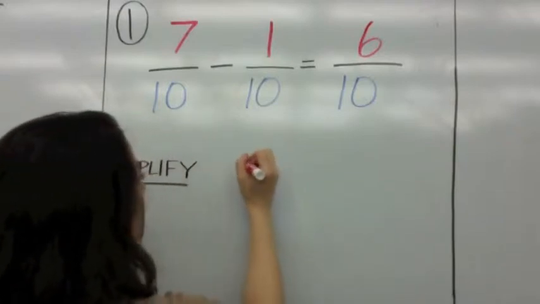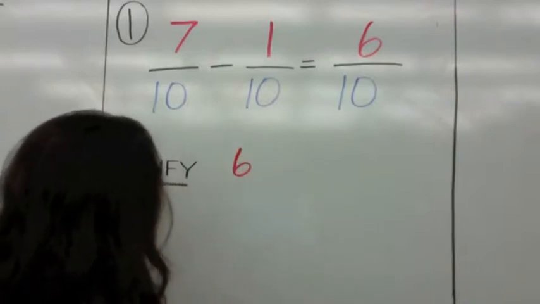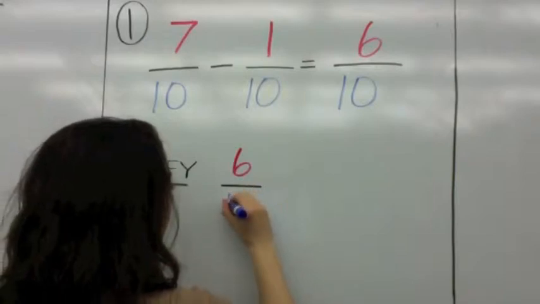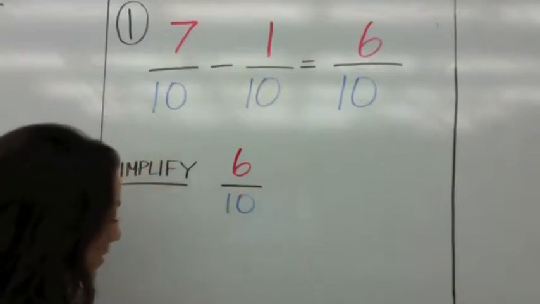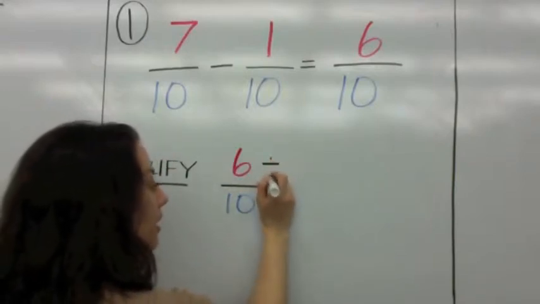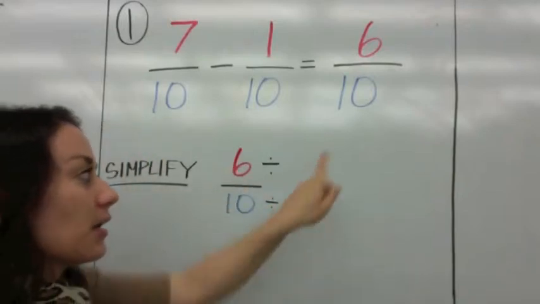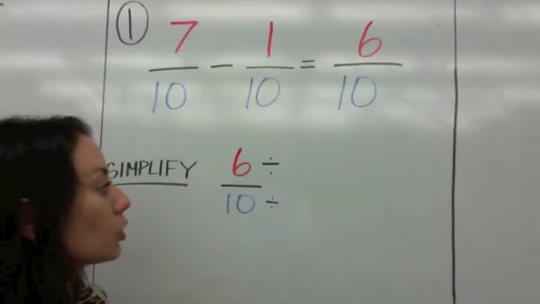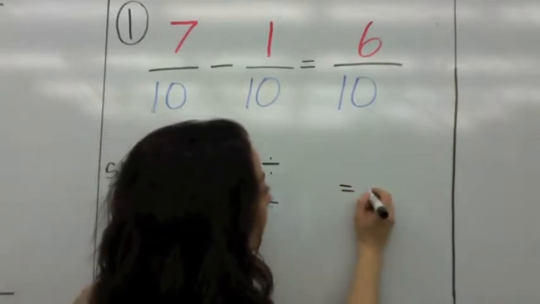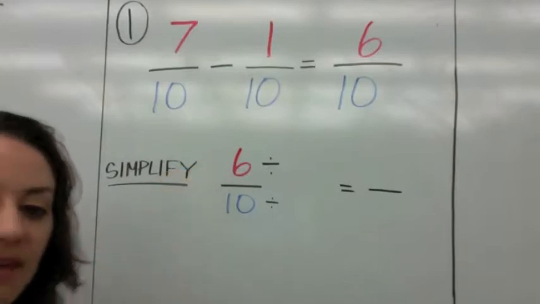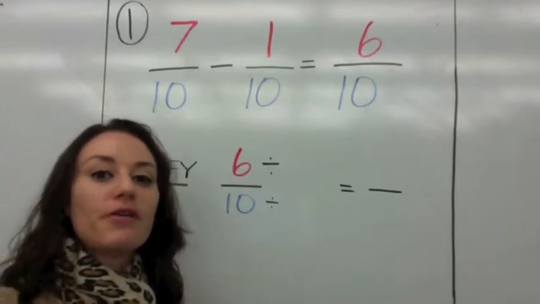So if you have 6/10, this will be really easy. Is there a number that I could divide both 6 and 10 by to get a smaller looking fraction? Are they both even numbers? They are both even.